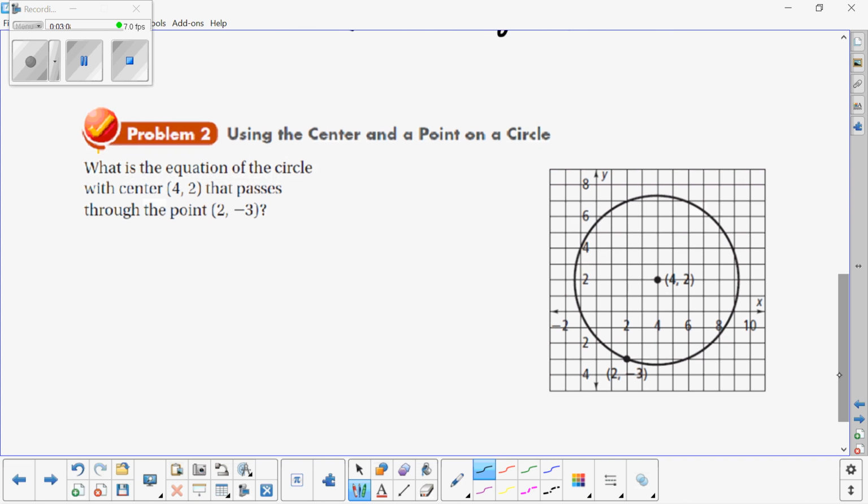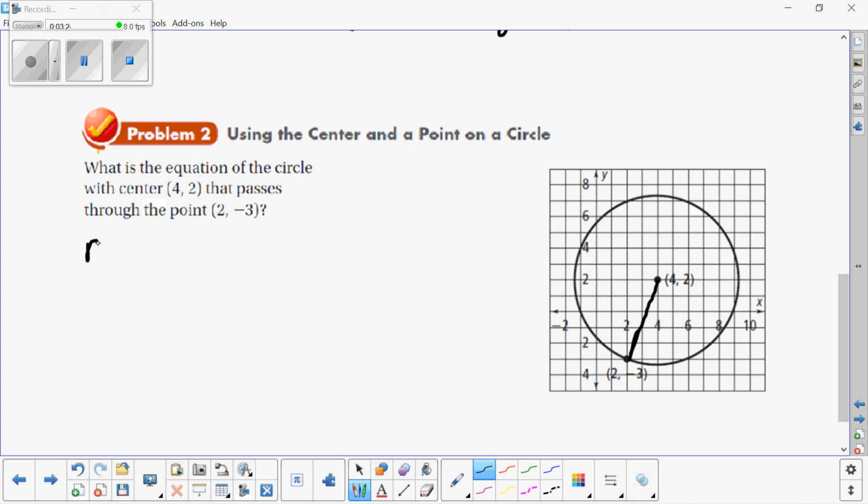Okay, now what if the circle is on a coordinate grid and you want the equation? Well, then you just have to find out information like if you know it passes through these 2 points, then you can find that radius by using the distance formula.